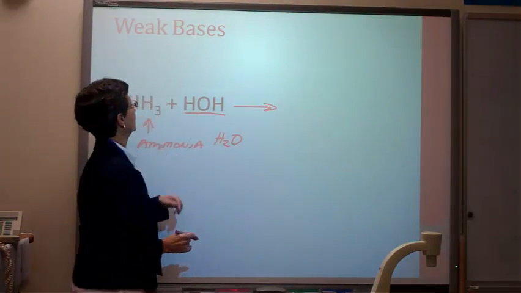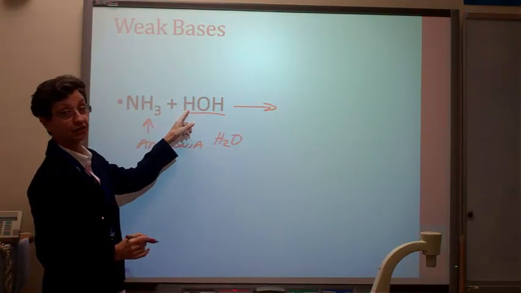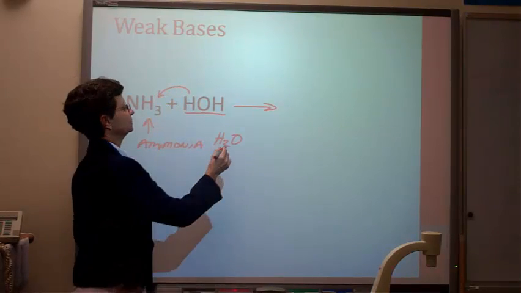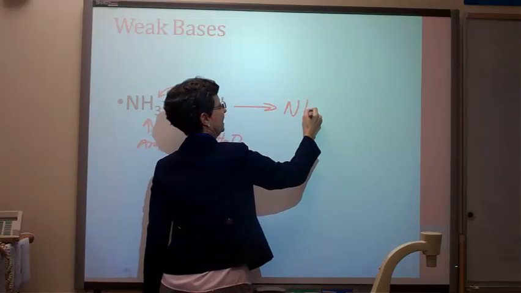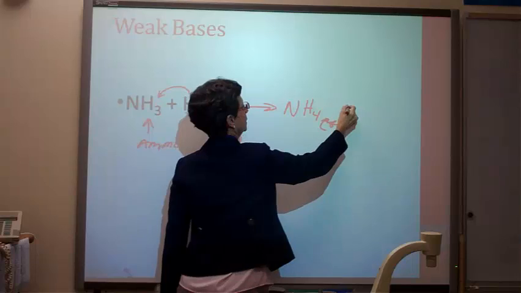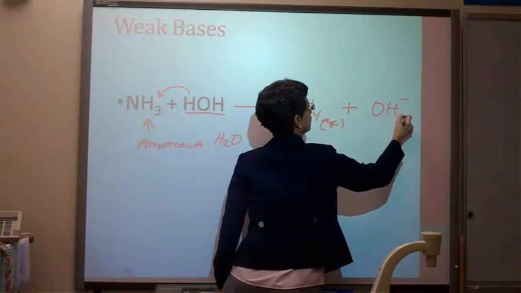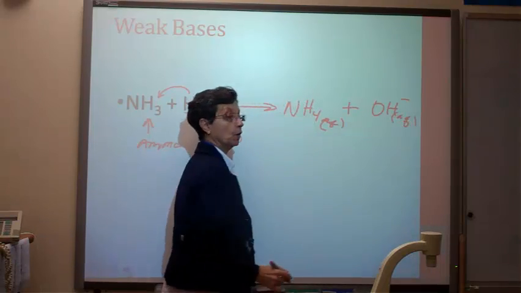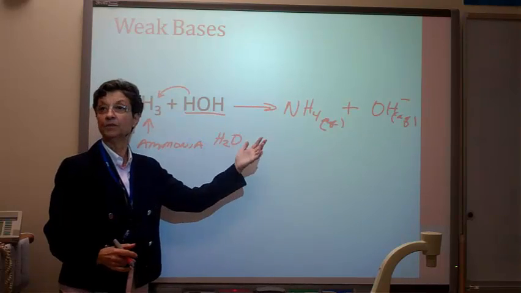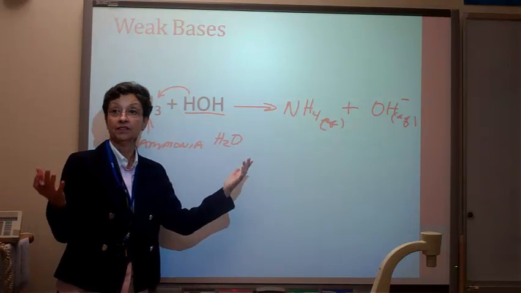So what happens here is that the hydrogen is stolen from the water, and we end up with NH4 plus (aq), dissolved in water, plus OH minus (aq), dissolved in water. This is jumping a little ahead because these are chemical reactions, but it shows you how these dissociate.